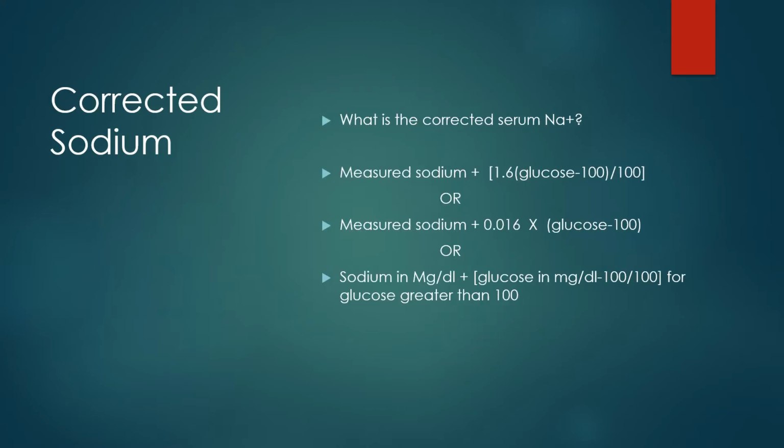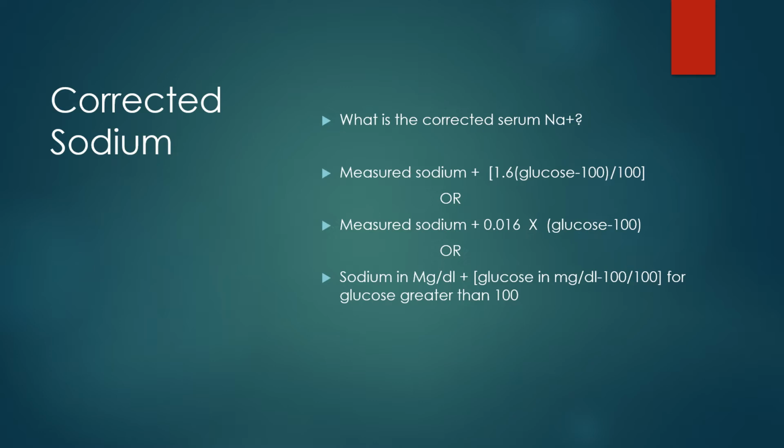Okay, there is what we call corrected sodium. And someone will ask me, what is corrected sodium? Well, mathematically, you can have corrected sodium as measured sodium plus the product of 1.6 times glucose minus 100 divided by 100, or measured sodium plus 0.016 times glucose minus 100, or sodium in milligram per dl plus glucose in milligram per dl minus 100 divided by 100 for glucose greater than 100.